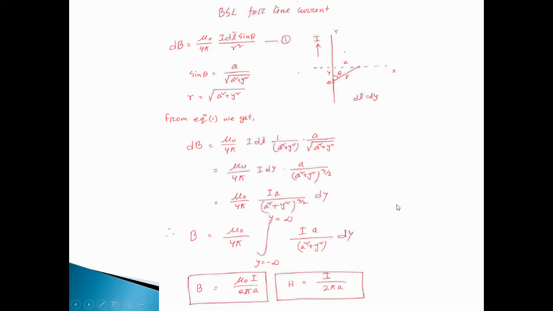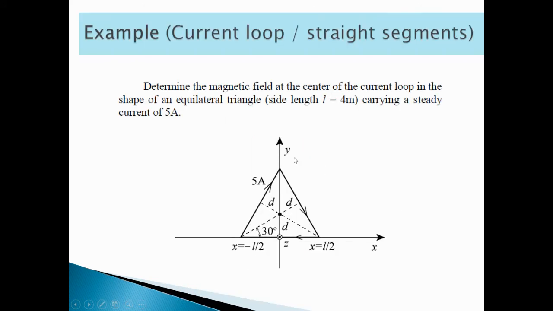Now we move on to an example. A very simple example says: determine the magnetic field at the center of a current loop in the shape of an equilateral triangle which has a side length of 4 meters, carrying a steady current of 5 ampere. This is a loop carrying the 5 ampere current, constantly revolving through.